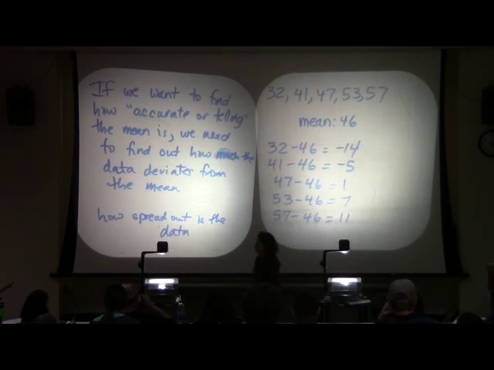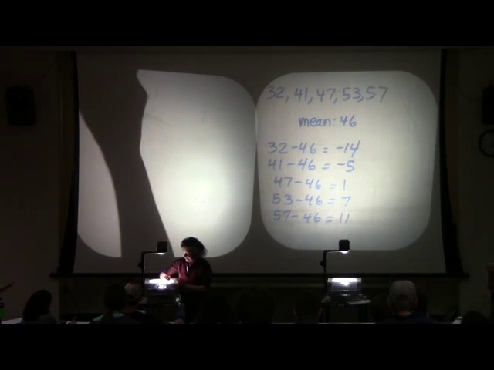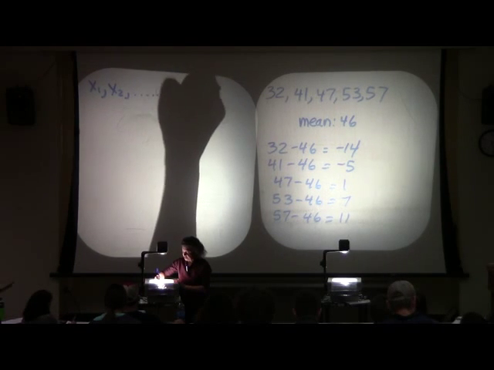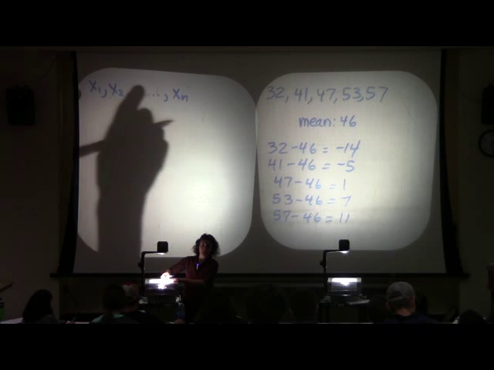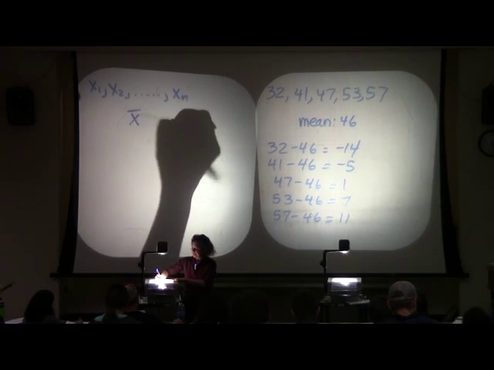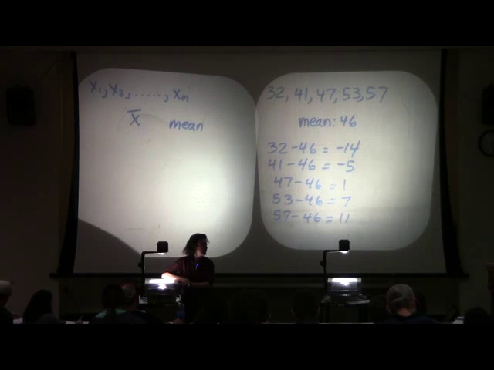All right, so over there is a specific example. What I want to show you over here is how we would write this out so far in general. Pretend that these are my data points, x1, x2, all the way out to xn. And let's suppose x bar is the mean.